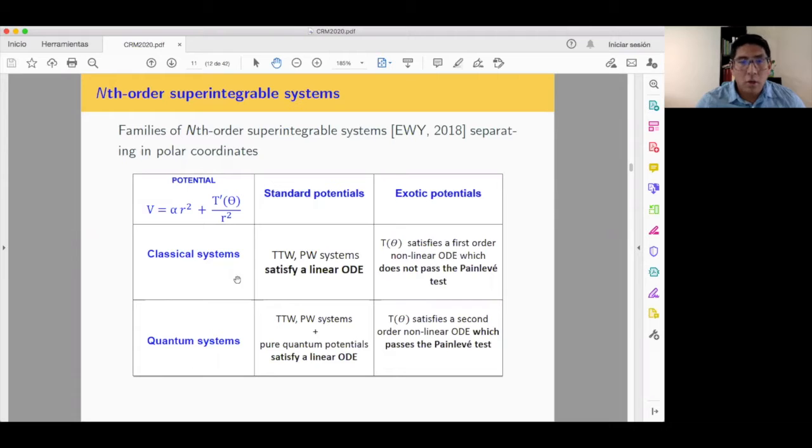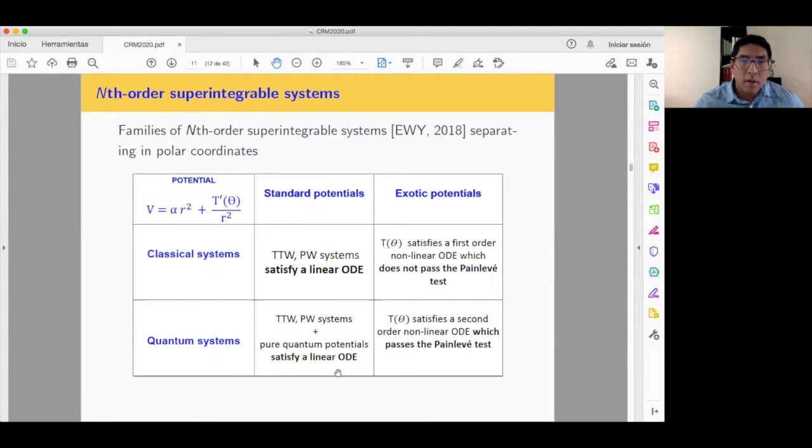But also, already at the classical level, exotic potentials arise. It means that the angular part now is not given by the solution of a linear ordinary differential equation, but a nonlinear one. We checked that such an equation does not pass the Painlevé test. And then we move to the quantum case. In the quantum case, in addition to TTW, there are pure quantum potentials, so they depend on h bar in such a way that in the limit h bar to 0, we don't recover the TTW.